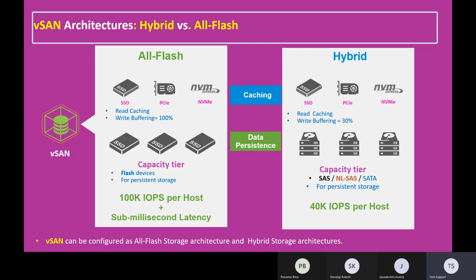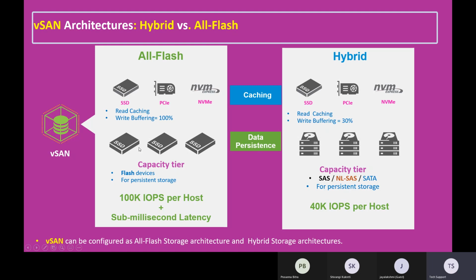Our local hard disk is considered secondary storage, which is permanent storage. Similarly, in our virtual SAN also, always the first hard disk is caching. Caching means it acts like memory only. It's temporary storage. But our permanent storage, data persistence, is always in the capacity tier. We call it the capacity tier.